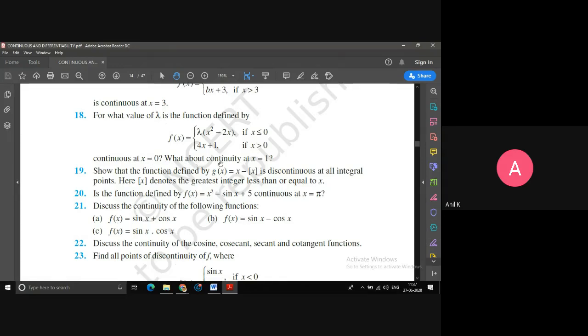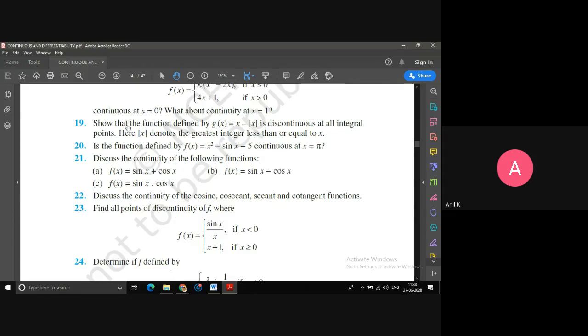They also ask about the continuity of the function at x equals 1. x equals 1 means it is greater than 0. So left of 1 and right of 1, my function is going to be 4x plus 1 only. Even f of 1 is also 4x plus 1. I think at x equals 1, the function is going to be continuous.